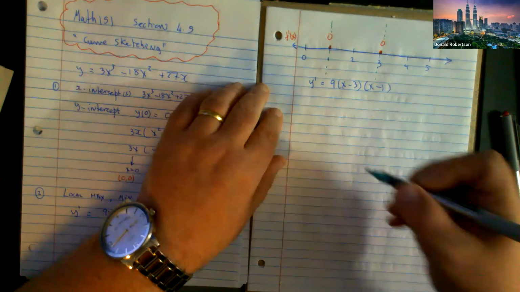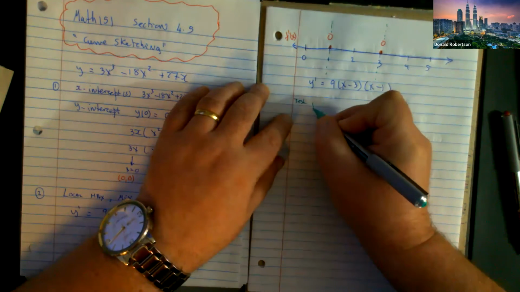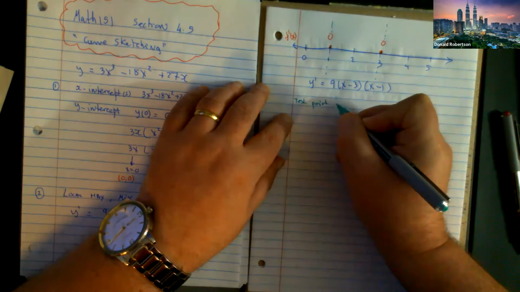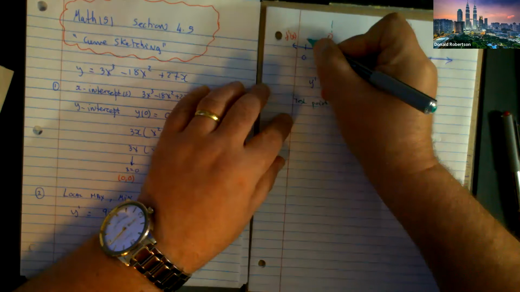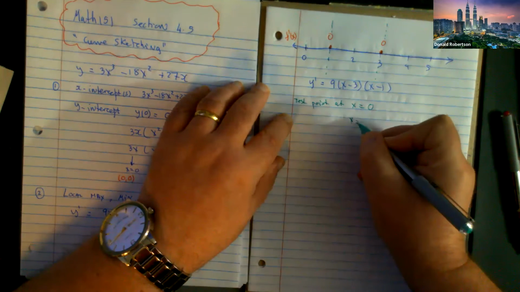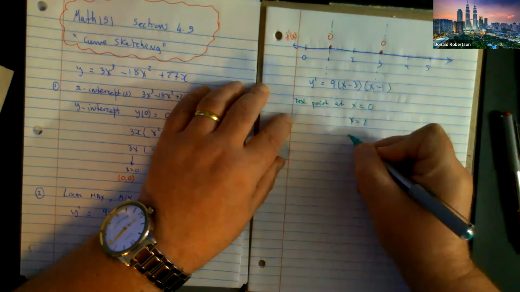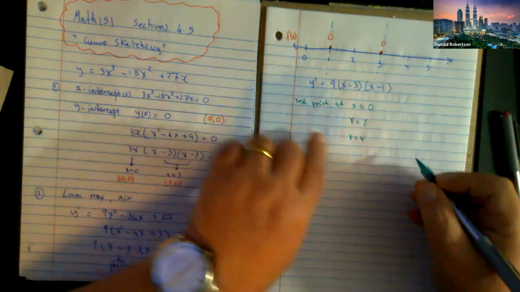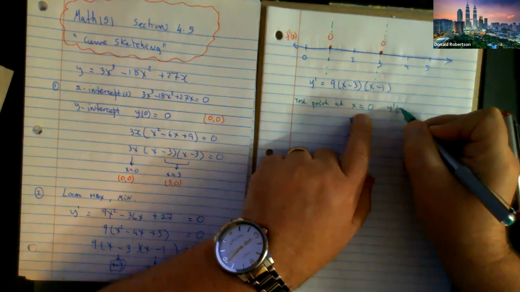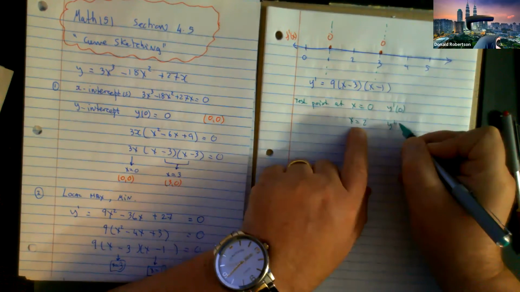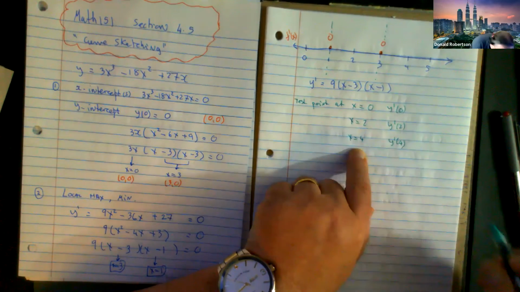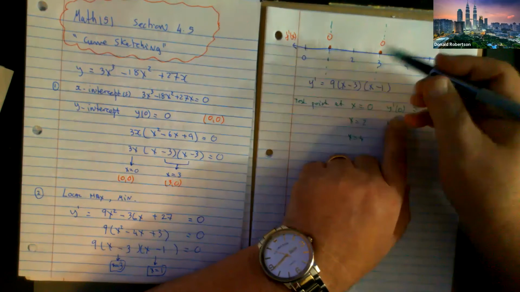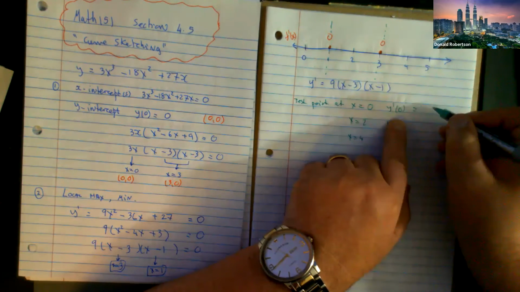So I'm going to do a test point at x equals 0, one at x equals 2, and x equals 4. For each of these, I'm going to find the derivative at that point. If you find the derivative at 0, the answer is positive.